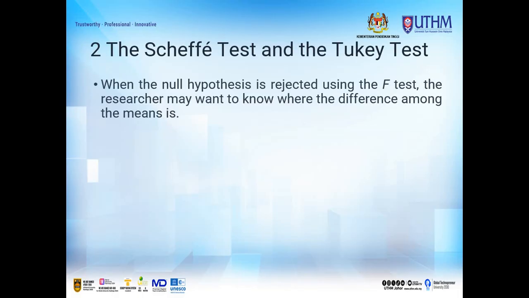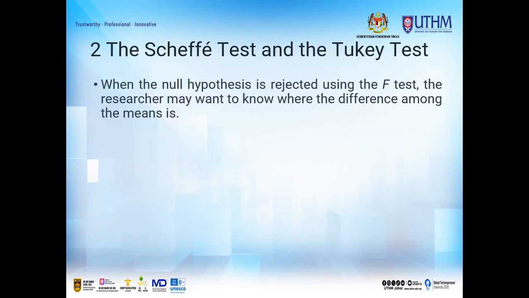When the null hypothesis is rejected using the F test, the researcher may want to know where the difference among the means is. Just now, the hypothesis testing in part 1 was just to say that there is a difference.